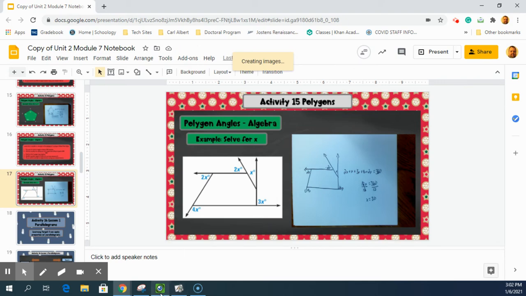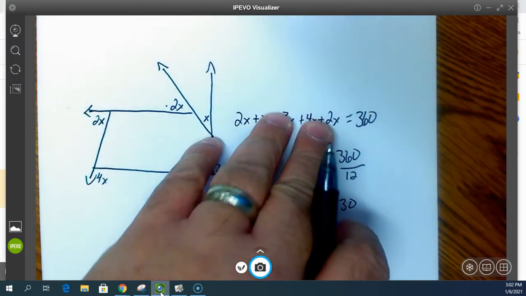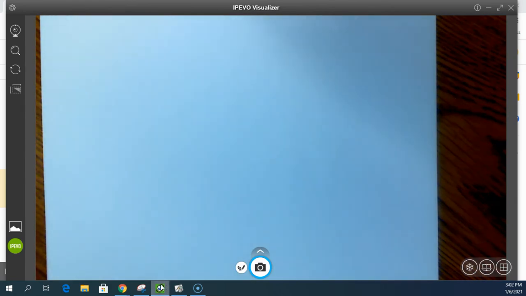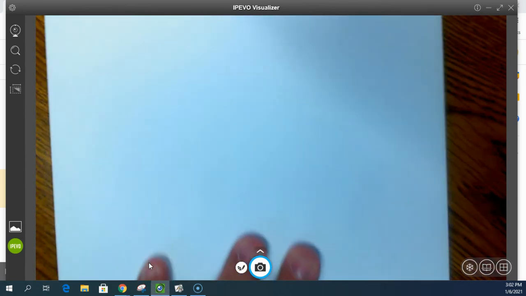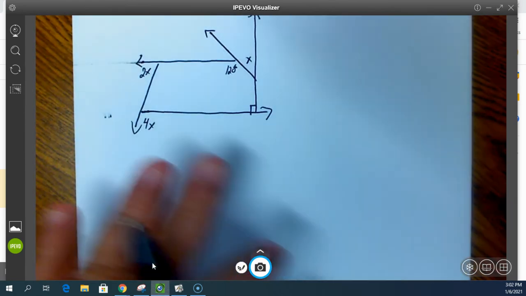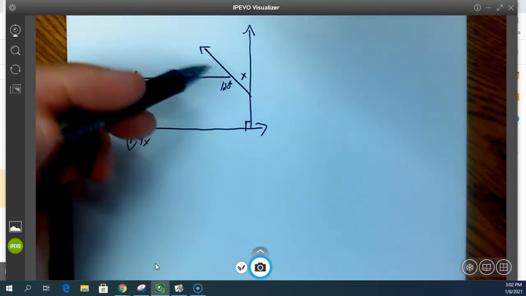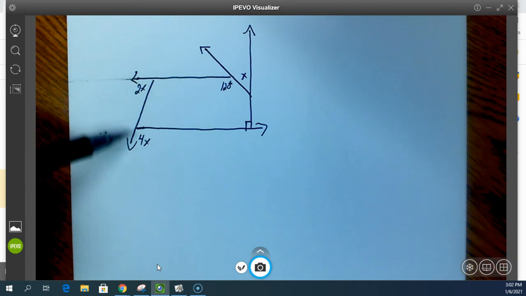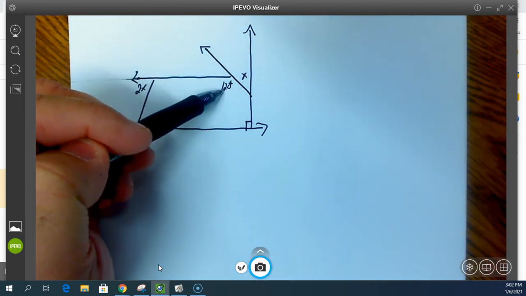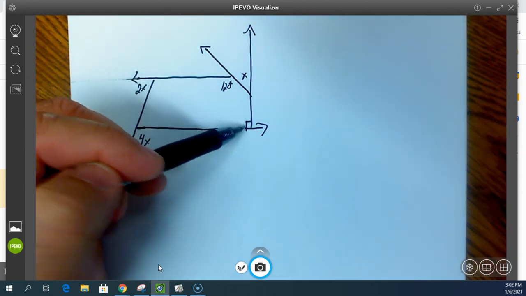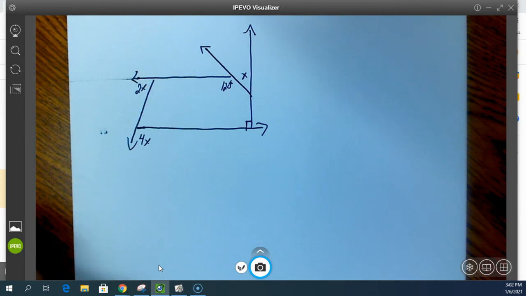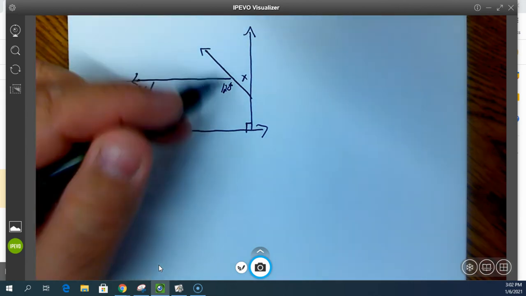Now there's one more thing I want to show you real quick, because there are very common mistakes that happen here. This is the same shape that we looked at. However, the difference is I have 3 exterior angles. I have an interior angle, and then this angle has nothing. Here's the most common mistake I see happen.